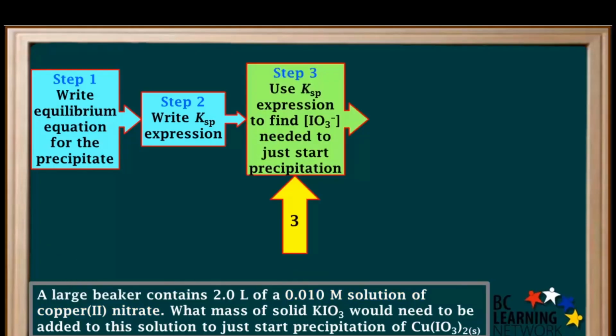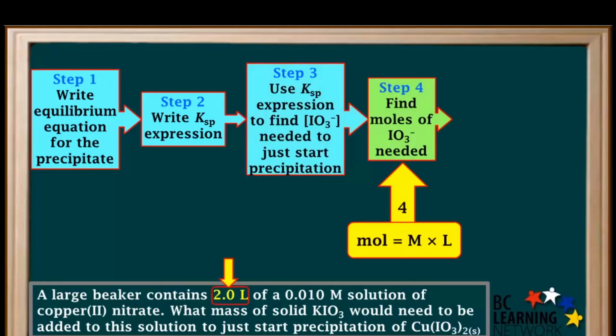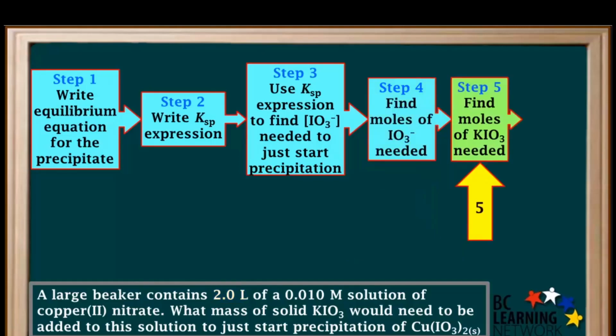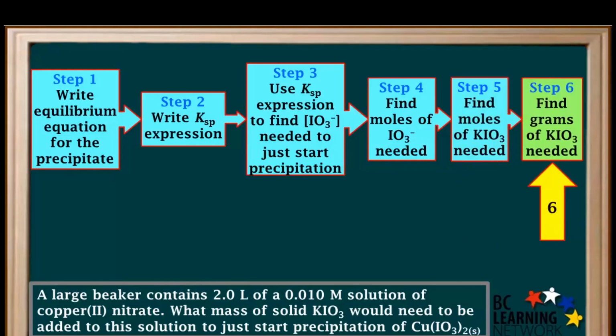So in step 3, we put this into the Ksp expression and solve for the concentration of IO3 minus needed to just start precipitation. In step 4, we use the fact that there are 2 liters of solution to convert the concentration of IO3 minus to moles of IO3 minus. We're asked for the mass of the compound KIO3, so in step 5, we convert moles of IO3 minus to moles of KIO3. Finally, in step 6, we'll convert moles of KIO3 into grams of KIO3. And that's the mass that we're asked for.